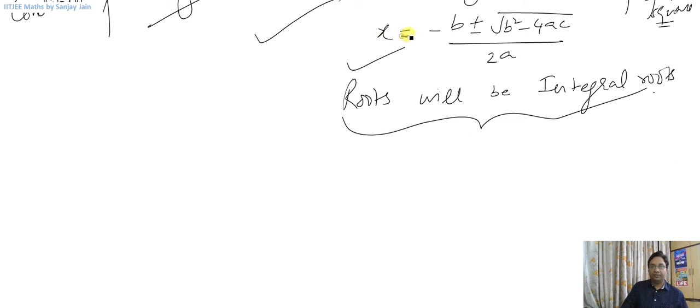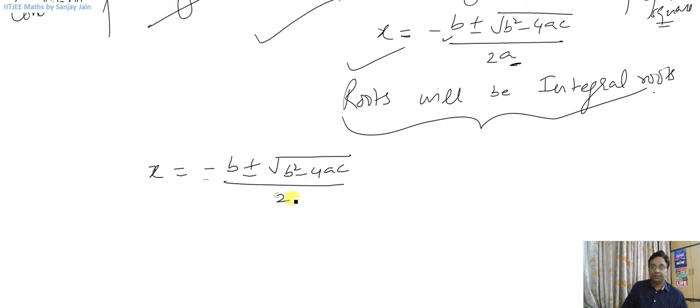We can also verify this from here, because x is equal to negative b plus minus square root of b square minus 4ac by 2a, and I have said that a is equal to 1 in the condition, so I can say that x is equal to minus b plus minus square root of b square minus 4ac by 2, right? Because I have put a equal to 1, and I know that b square minus 4ac is a perfect square.